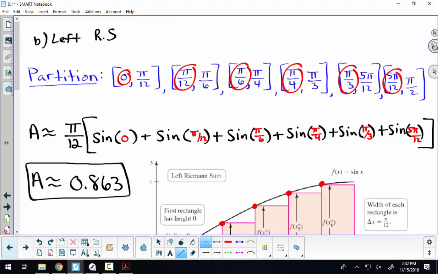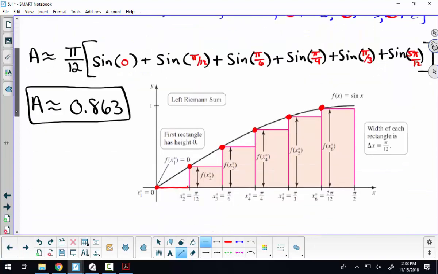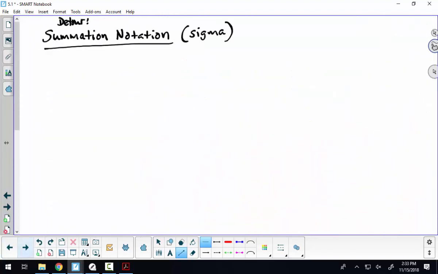As far as the working definition of the exact area, we'll use the right Riemann sum just because its formula is a little bit simpler. But ultimately, where we're going, filling up the region with infinitely many rectangles, it's not going to matter whether you do the left, right, midpoint, or some other type of Riemann sum, because it's all going to come out as exact anyways. But as a working definition, we're using the right Riemann sum because it is simpler to use.